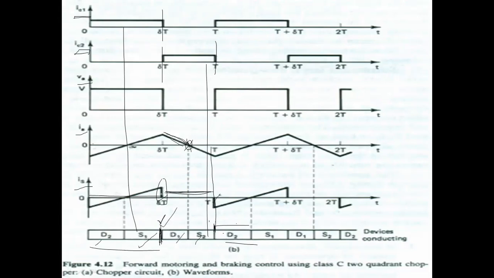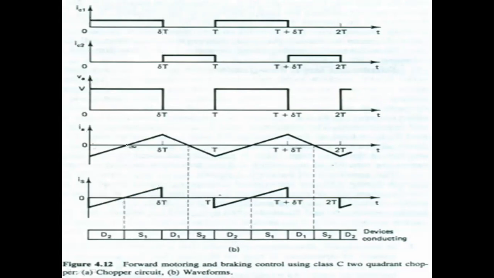So during this interval, what happens? Again, the current falls to 0 during this interval, right? See here, this is the interval we are discussing, 0 to delta T. At this time the armature current is 0 here. S1 will be conducting and D2 will be on.